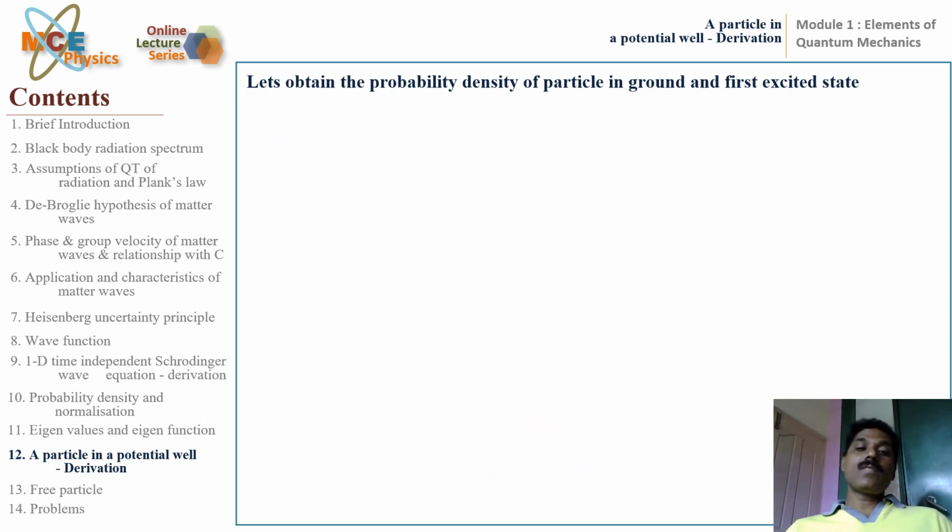Because mod psi square is the probability function. According to Max Born, psi may be real or complex. So if you take the modulus of psi and the square of the modulus of psi, that gives you a real and non-negative solution. That is the reason why mod psi square has its own importance in determining the probability of finding a particle within a physical system.